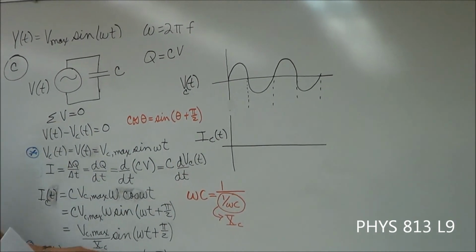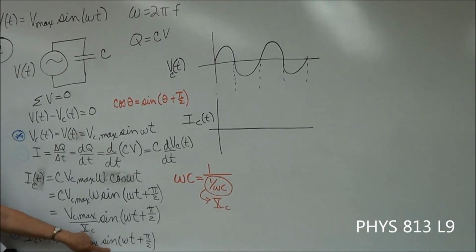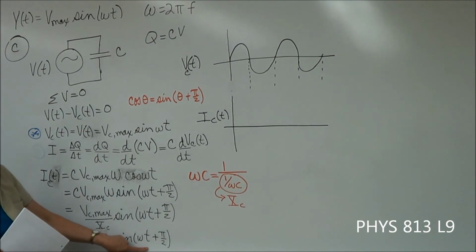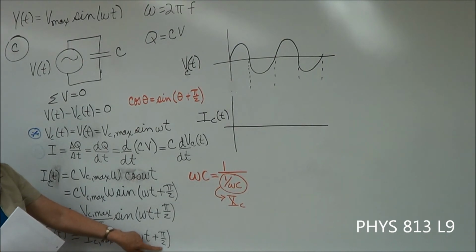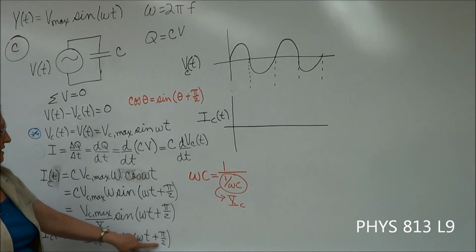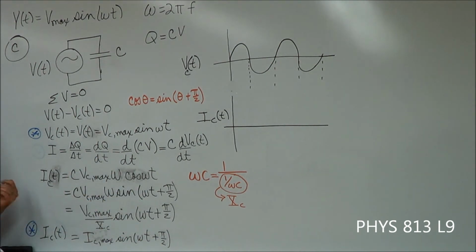Now, we need to look at our equation here. This is our amplitude, but if we look at the sine term, it's omega t plus pi over 2. If you remember from trig, they were always talking about if you add a phase or subtract something, that could tell you which way the wave was shifted.